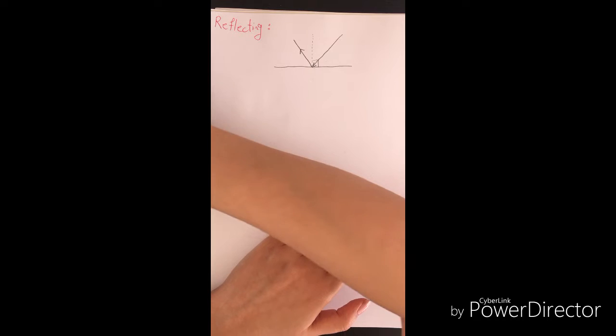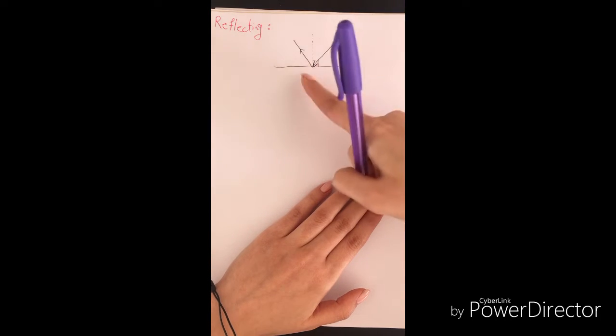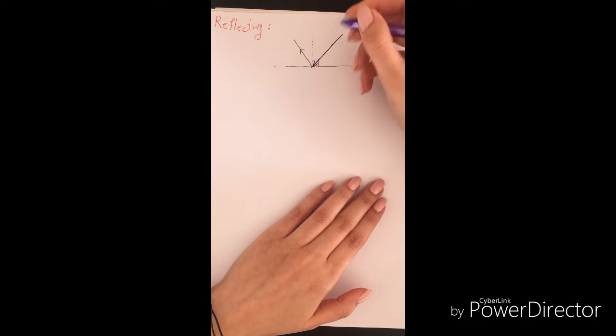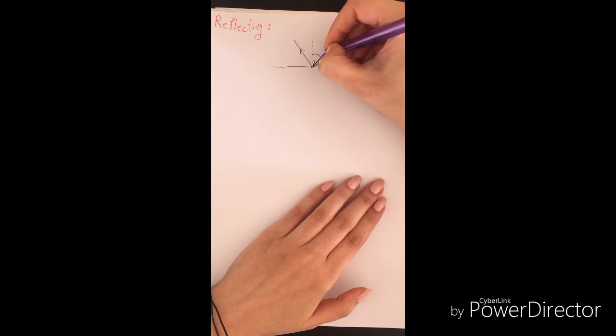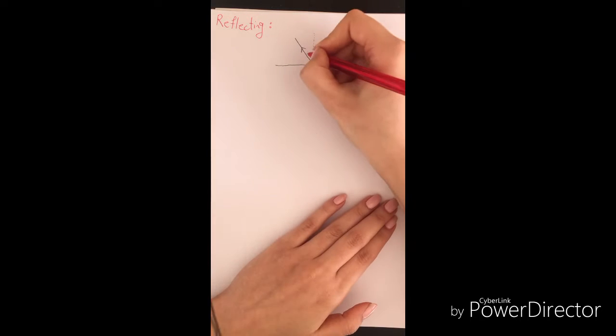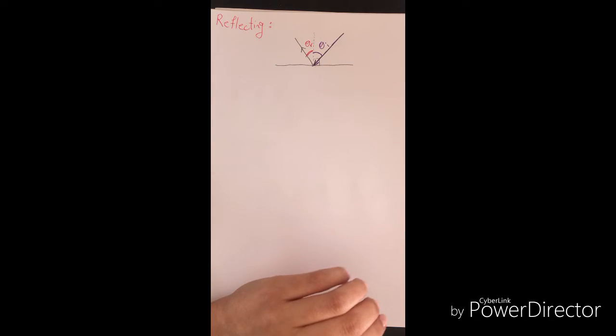So this one is the ray of beam which hits the surface. The initial angle is this angle, and the angle of reflection is this angle.